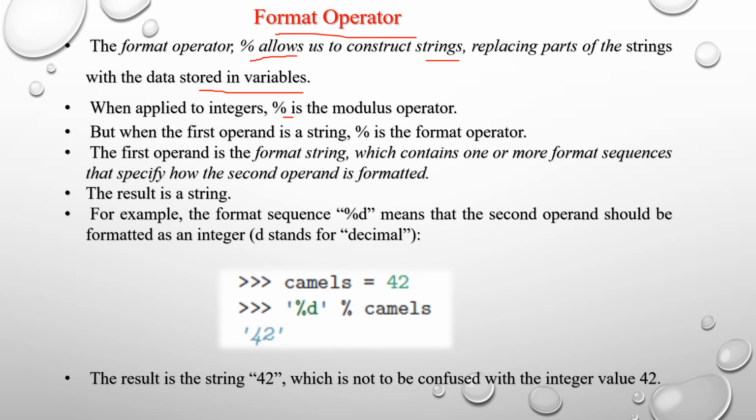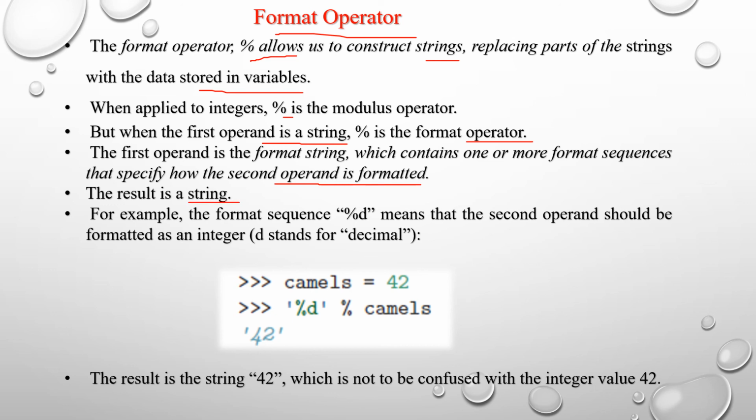But when the first operand is a string, the percentage is the format operator. The first operand is the format string, which contains one or more format sequences that specify how the second operand is formatted. The result is a string.